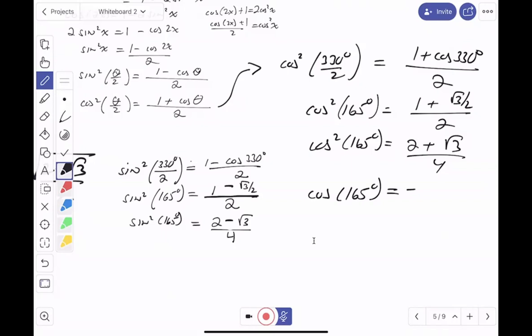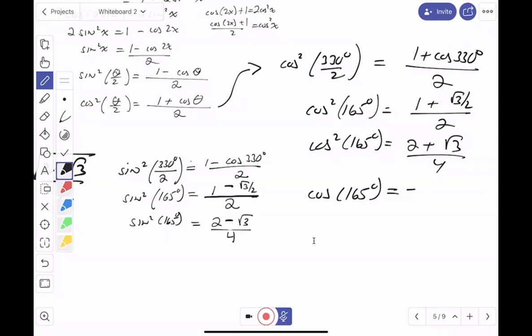This would be the sine of V times the cosine of X plus the sine of X times the cosine of V, minus sine of V cosine of X minus sine of X cosine of V. And subtract those.